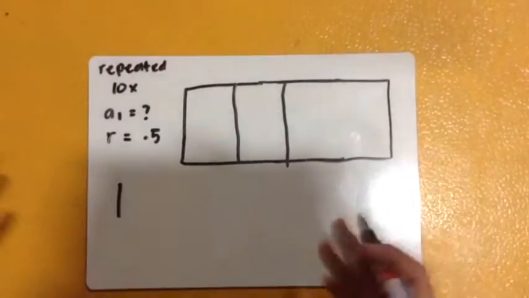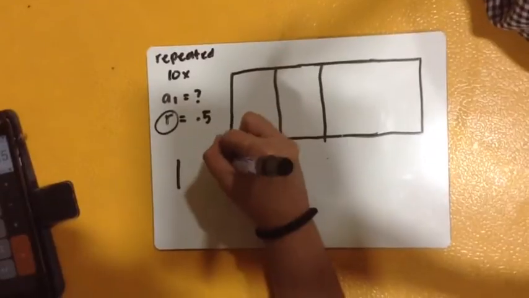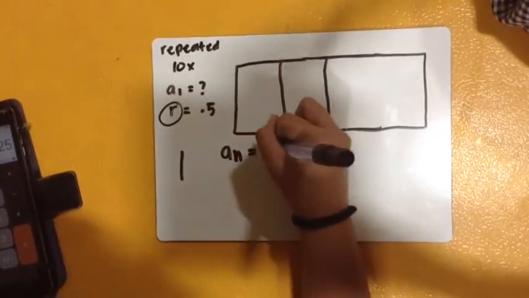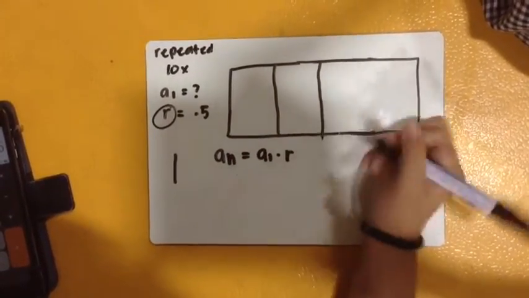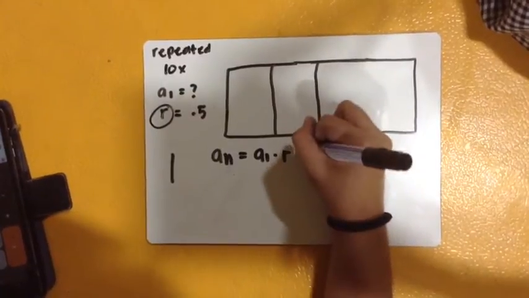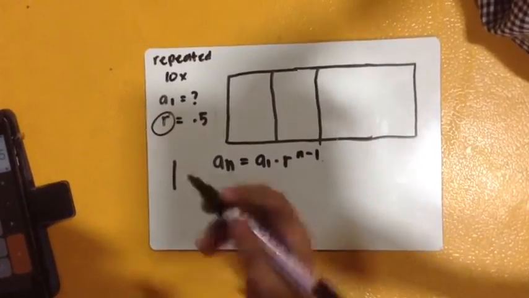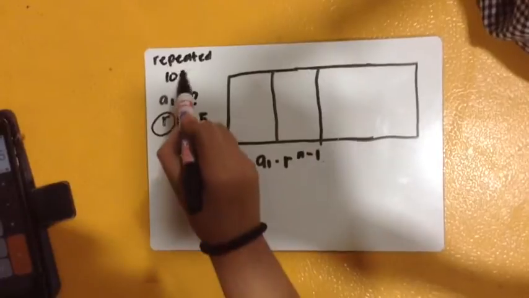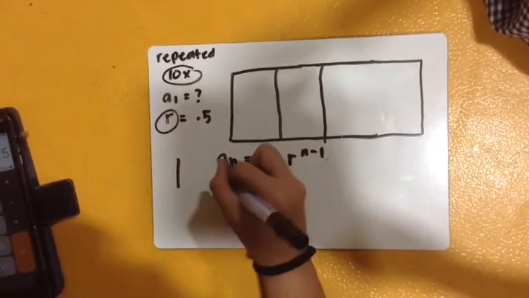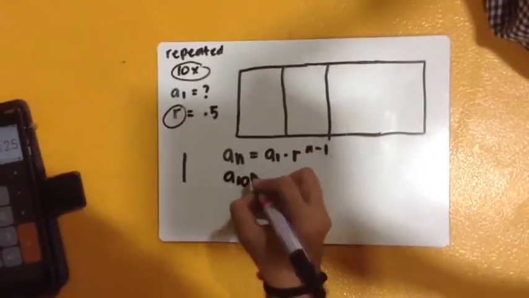So how do we get our second term? We will incorporate the formula. Formula: a sub n equals a sub 1 times r raised to n minus 1. So let's change them. We're looking for the 10th term, a sub 10.